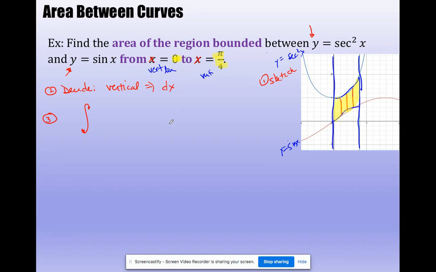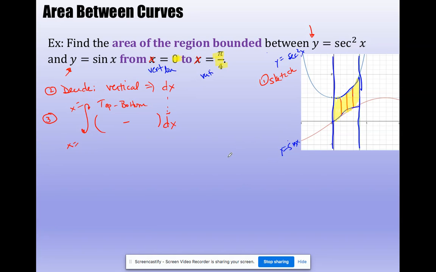So when I integrate dx, that means I'm going to be doing top minus bottom, and that these are going to be x numbers, and that my function is going to be in terms of x.